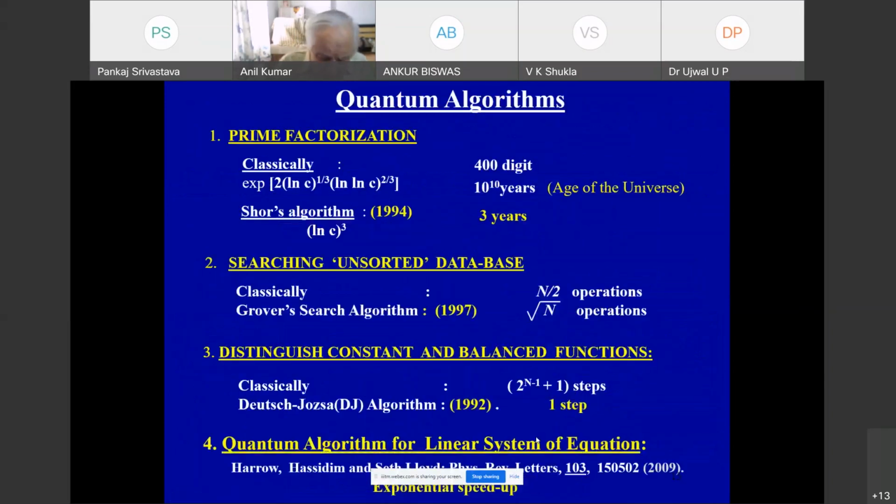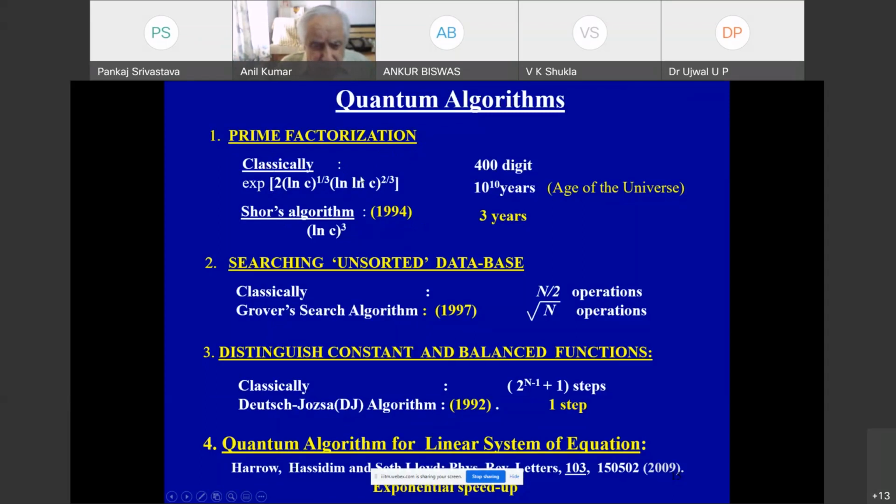Of course, to make use of these properties of coherent superposition and entanglement, one has to write new quantum algorithms. One of the first quantum algorithms, written in 1994, was Shor's algorithm. This prime factorization problem is a tough problem in mathematics. The factorization problem increases exponentially as the length of the number increases.